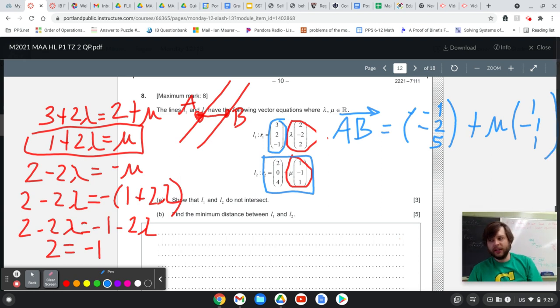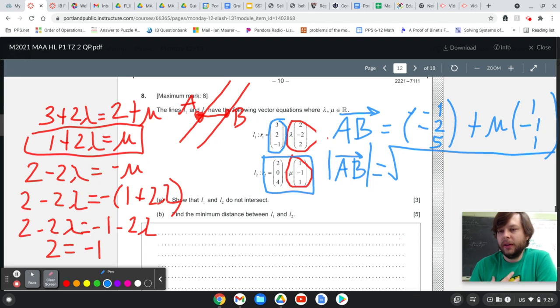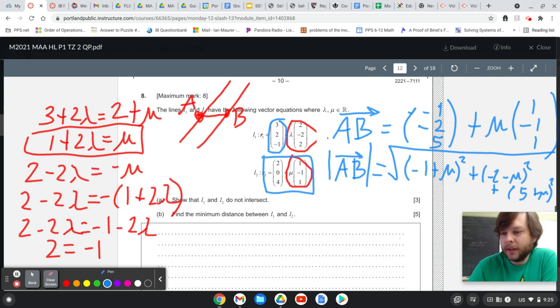What I'm trying to find is the distance here. And so the distance formula, the magnitude of vector AB, is basically the x coordinate squared, the y coordinate squared, the z coordinate squared. And so we have (-1 plus 1 mu) squared plus (-2 minus mu) squared, and I'll squeeze it down here, plus (5 plus mu) squared.